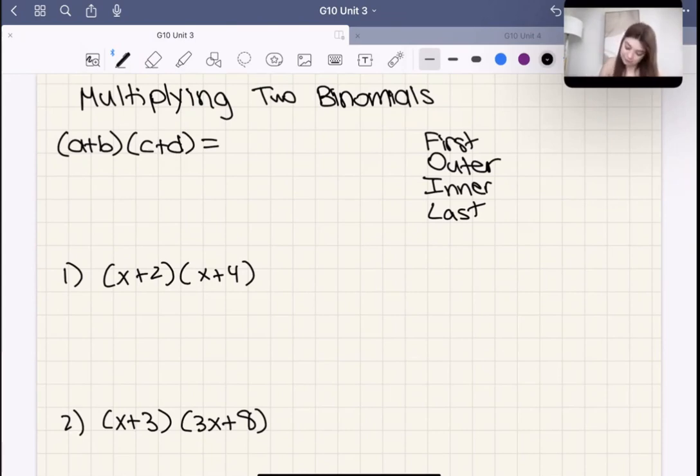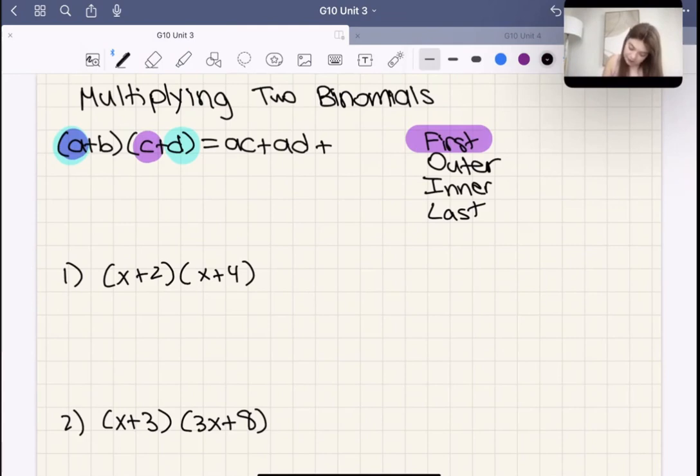So when we say first, what do we mean? We mean the first in each bracket, right? So A times C would be first. Then outer. Well, that would be these two. This is on the very outer, and this is also outer. So the two outer ones. So that's AD.